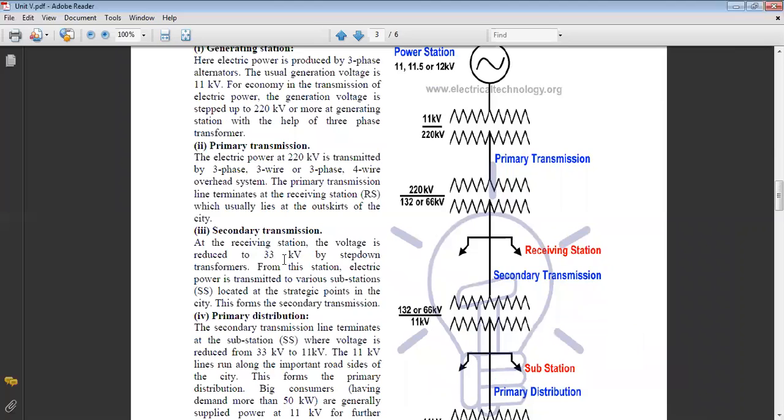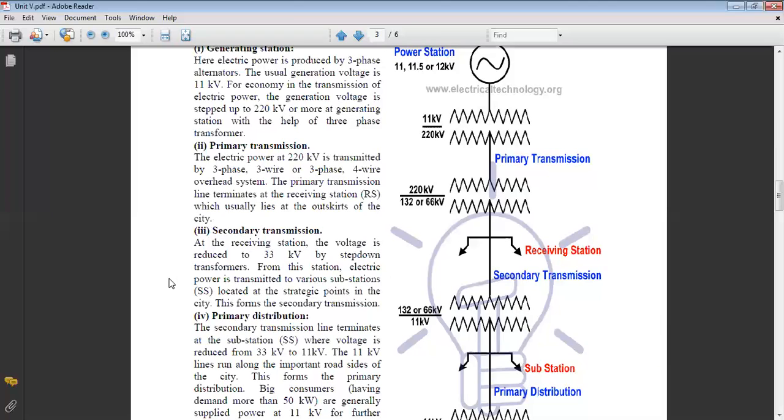Clear? At the end of secondary transmission, we are reducing the voltage level. Either it will be 11 kV or 33 kV. That is the 11 kV for residential purpose and the 33 kV for the industry purpose. Okay.